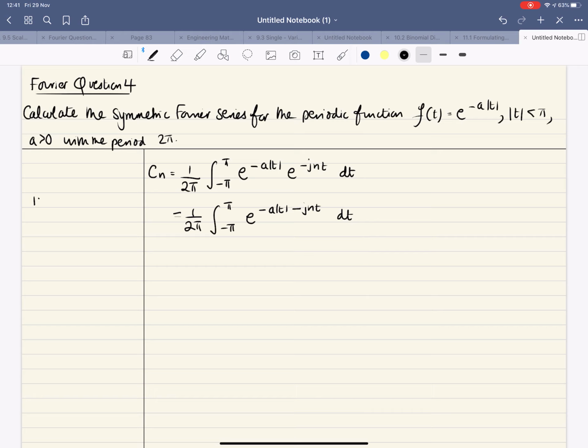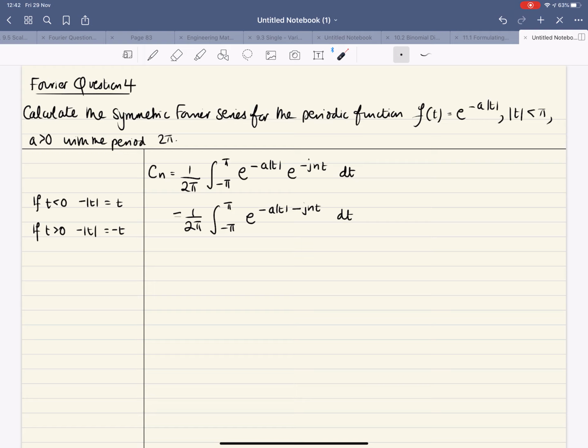So if t is less than 0, minus mod t is actually the same as t, because the mod takes away the minus, but then we put it back on again, so it's the original t. And secondly, if t is greater than 0, mod t is the same as t, because t is positive, so with a minus sign, this is minus t.